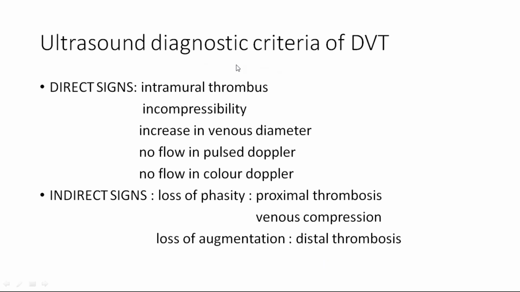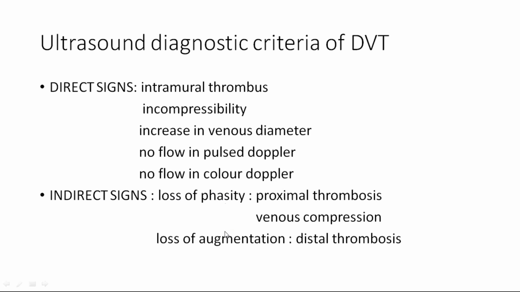The ultrasound diagnostic criteria for DVT include direct signs and indirect signs. Direct signs include intramural thrombosis, where thrombus can be seen inside the vein, incompressibility, increase in venous diameter, and no flow seen in pulse Doppler and no flow seen in color Doppler.